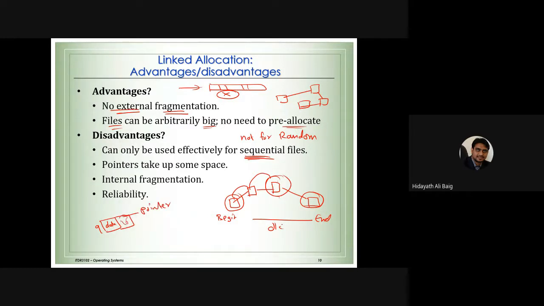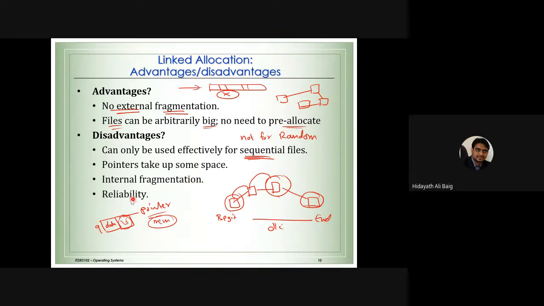This pointer is going to take some memory. That is not a good idea because the pointer is going to waste some space. So internal fragmentation they say, because we have the chaining, sometimes the file may be reduced or increased. There is a possibility of internal fragmentation, of losing the memory.